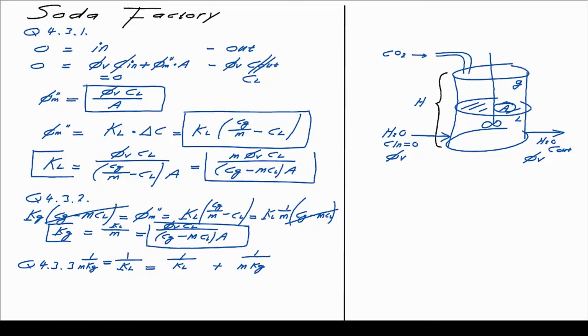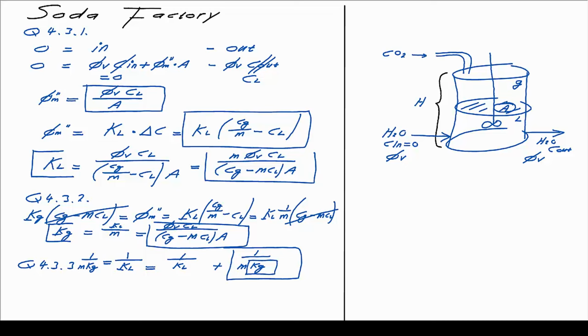Now, to see how I got this expression, you can just gamble with it, so to say, and then check it. So let's check it. When small kg is infinite, then the second term becomes 0. And then what we have is that 1 over capital KL is equal to 1 over small kl, or capital KL is equal to small kl. And this is what you would expect.